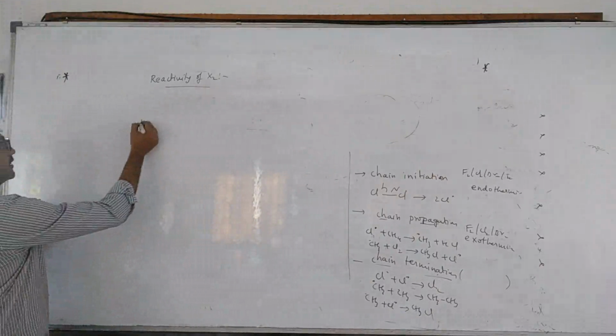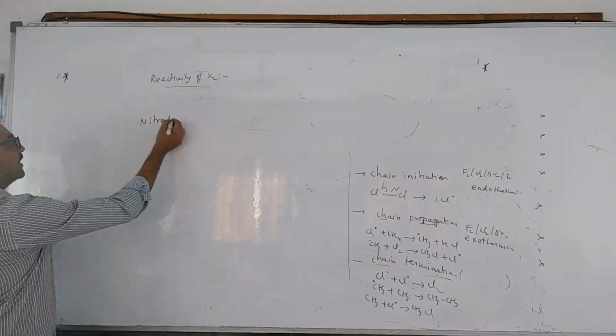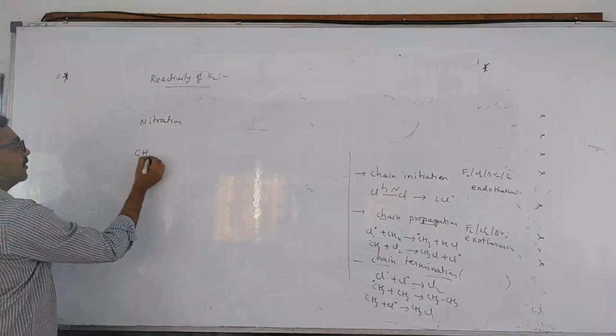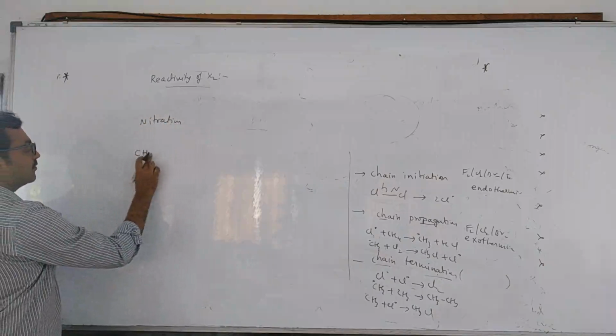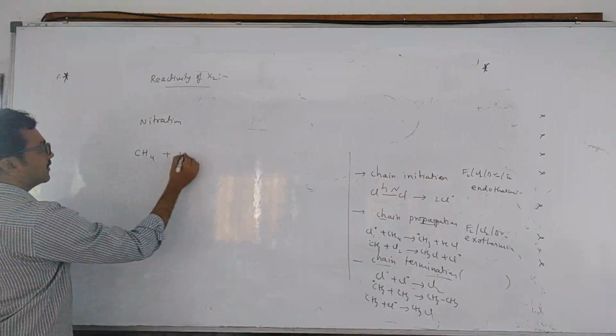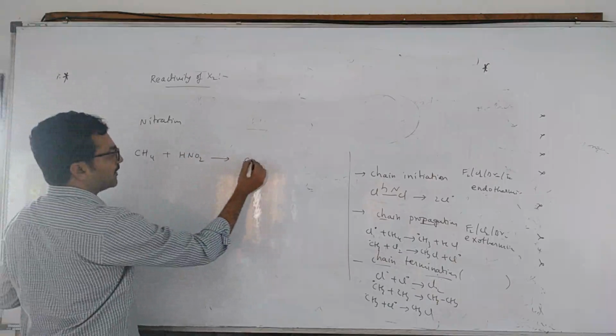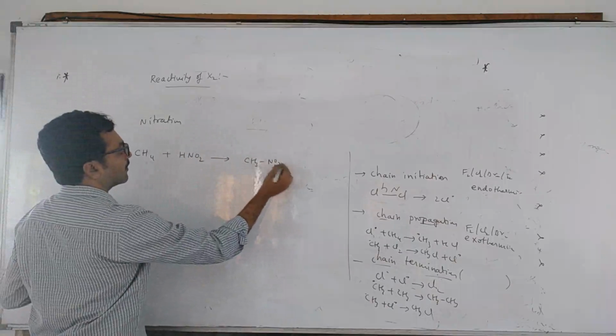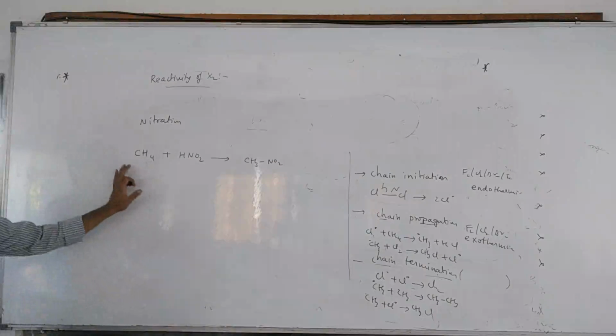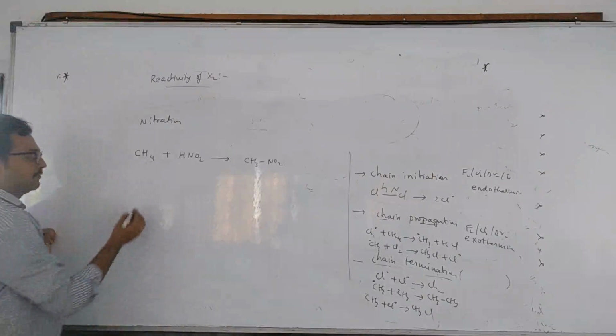So next we will see the nitration part. Nitration is the second example. Methane plus HNO3 will give nitromethane. Nitromethane. This is also an example of free radical substitution.